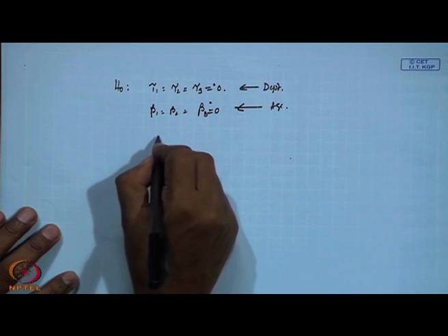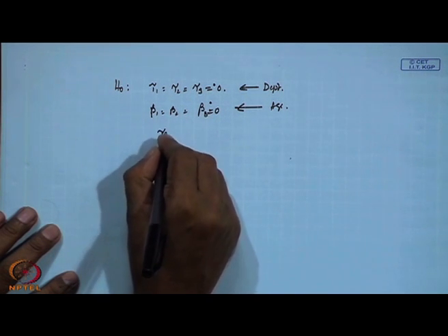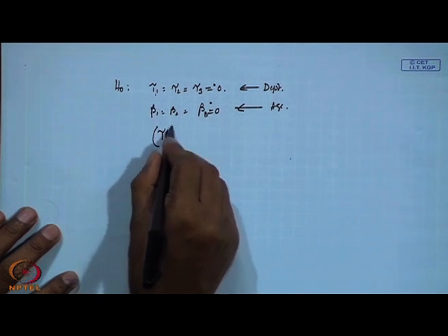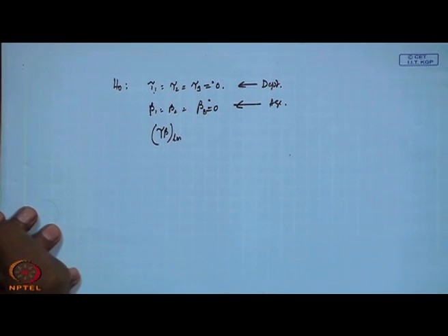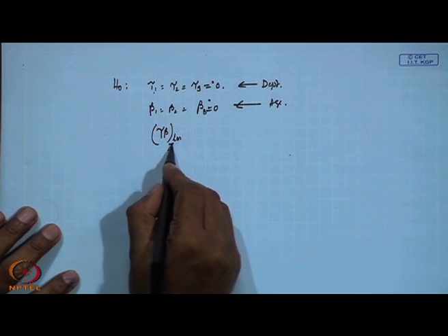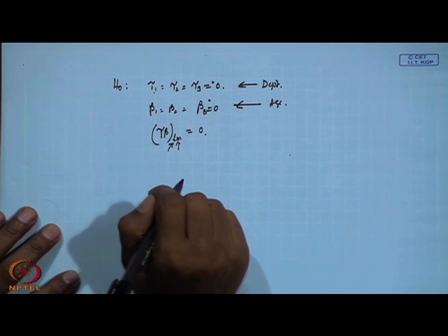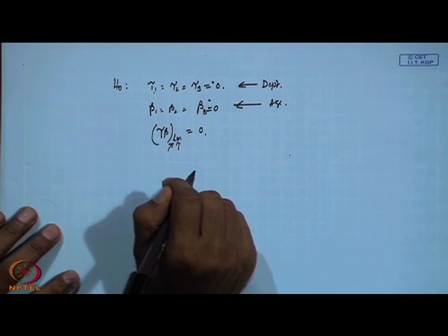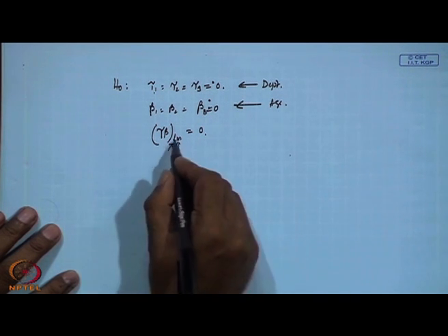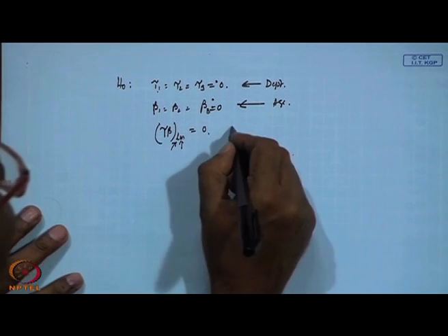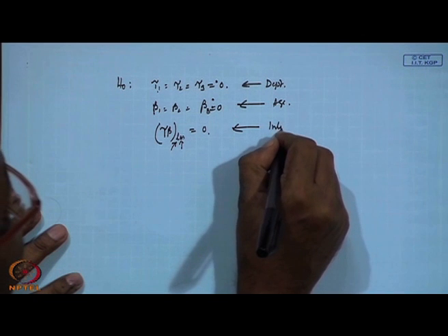Now, similarly, tau beta, I am writing now LM. L stands for the department, M stands for the age, that also will become 0. Now, that combination will be there, tau LM, all those things will be 0. So, why is this coming? This is coming because of the interaction point of view.